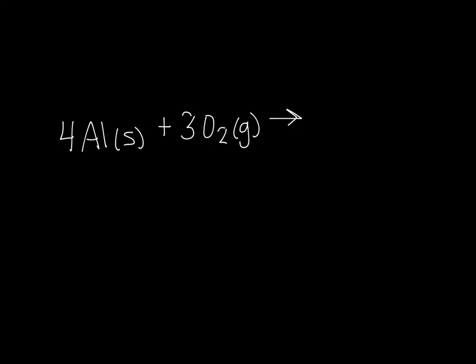Okay, now let's look at an actual chemical reaction and put all these parts together. 4Al(s) + 3O2(g) produces 2Al2O3(s).